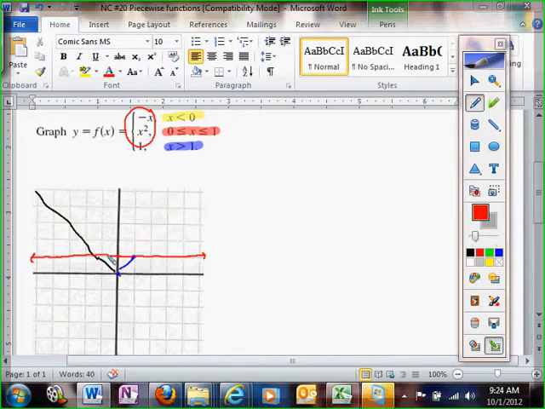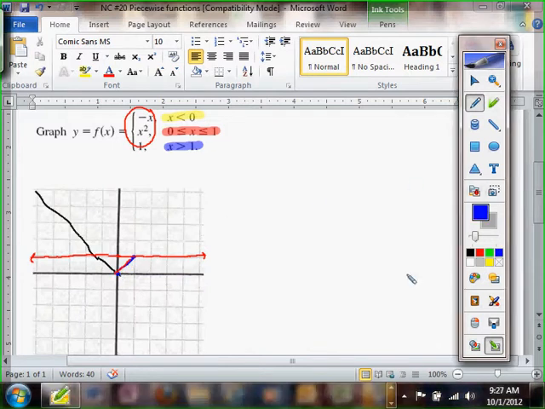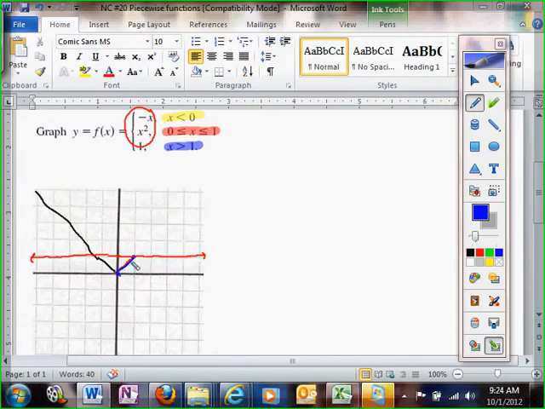So where I had the function y equals x squared, my entire blue parabola that I had here, the only part that I have is from 0 to 1. Just like, wrong color. Just like this.